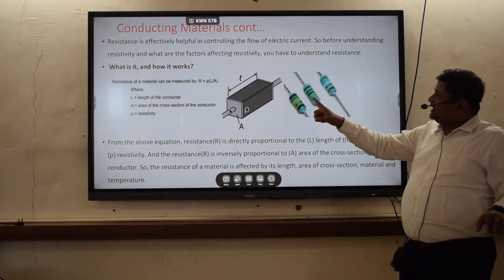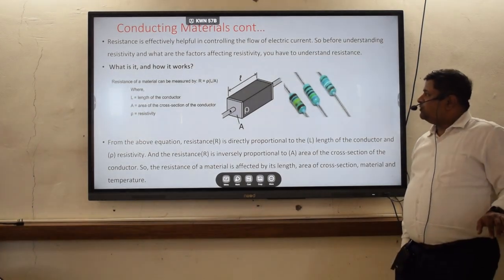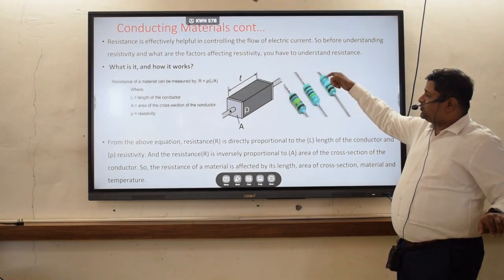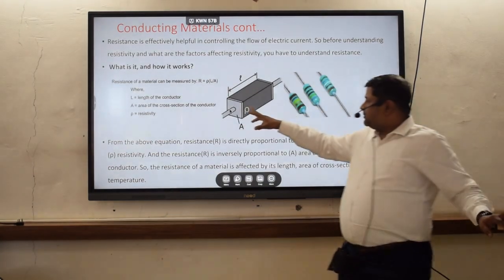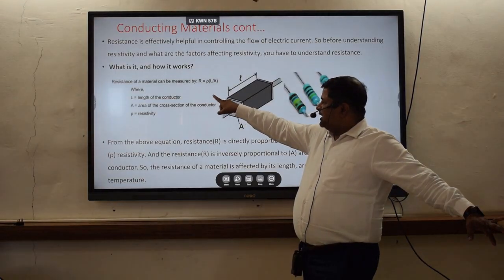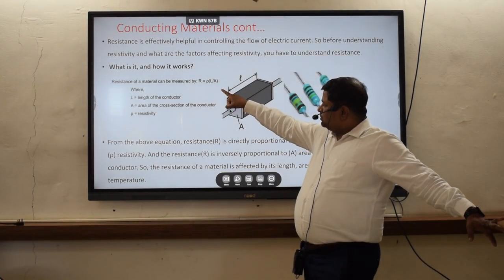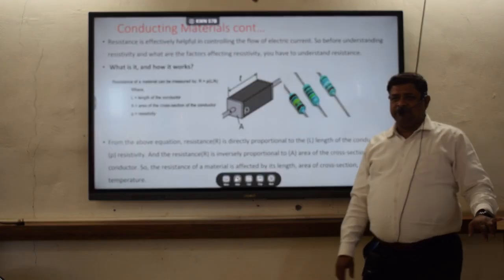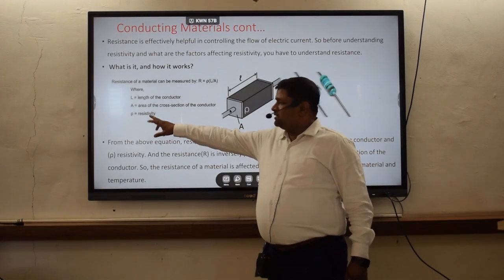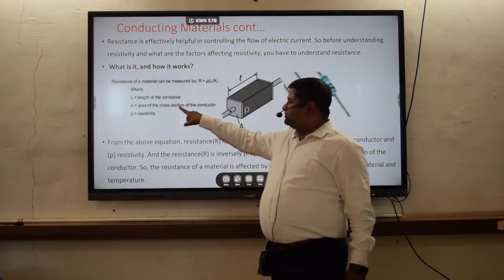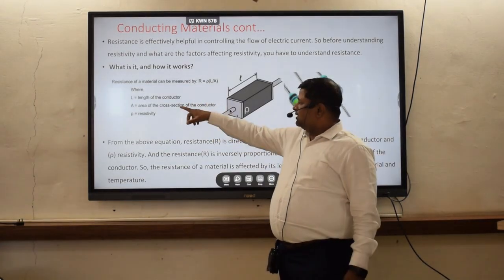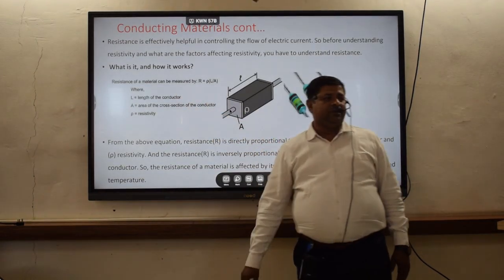Before understanding resistivity and the factors affecting it, we need to first understand what resistance is. For that purpose I have mentioned one equation here. The resistance of a material can be measured by R is equal to rho into L by A. Rho is the resistivity, A is the area of the cross section of the conducting material through which the current is passing, and L is the length of the conducting material.